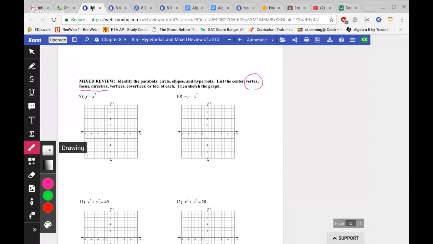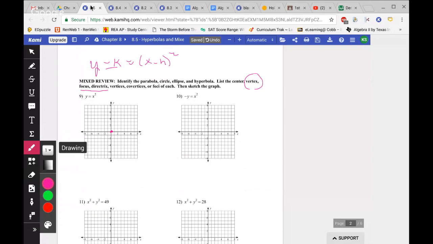The other thing that I know is there is no y, like, for y, this would normally be y minus k equals x minus h squared. And since there's literally no k or h, I know that the vertex is 0, 0.